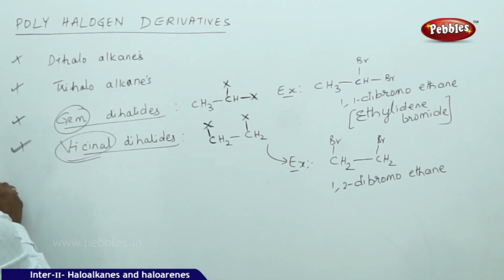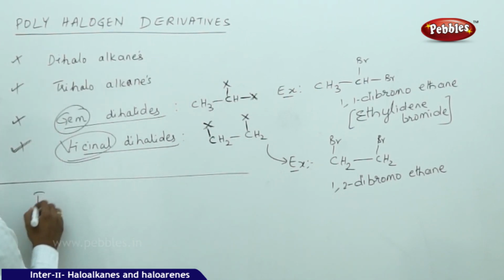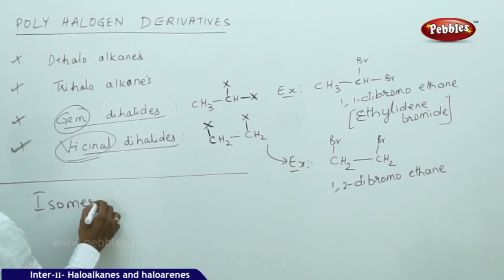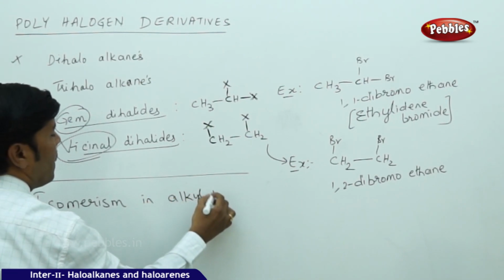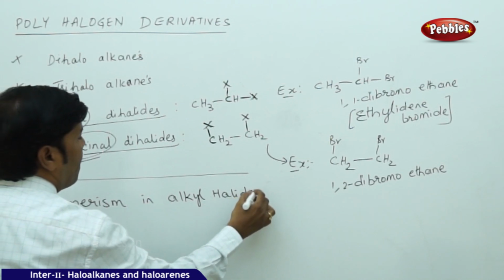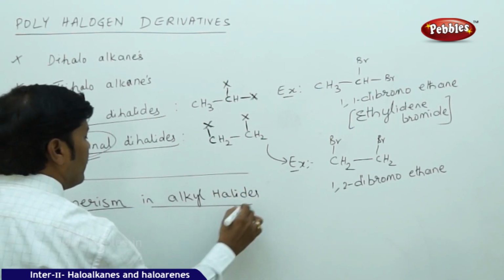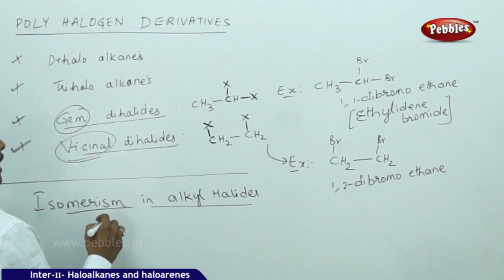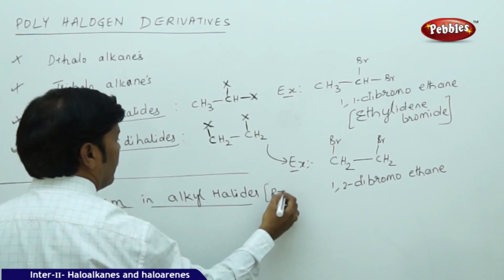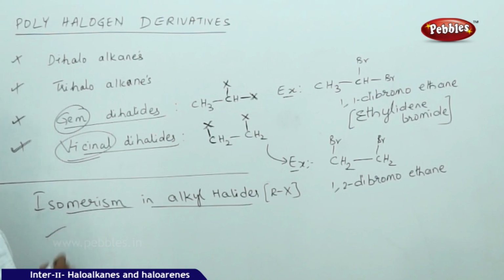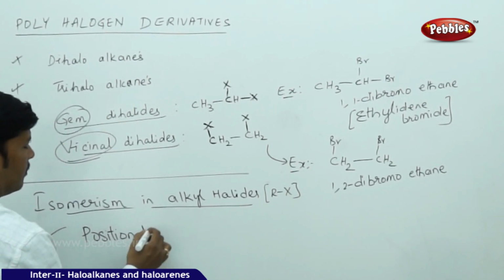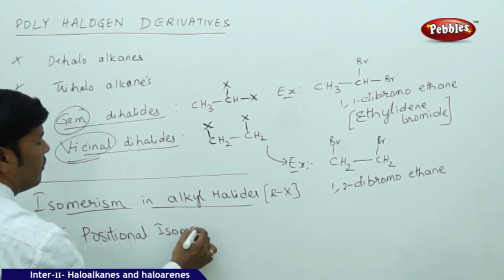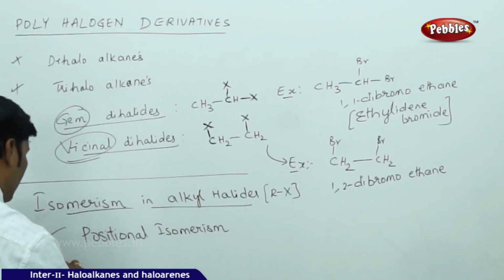Now if you go for isomerism, the next part of the discussion, isomerism in alkyl halides. Usually alkyl halides show two types of isomerism, that is positional isomerism and also chain isomerism.